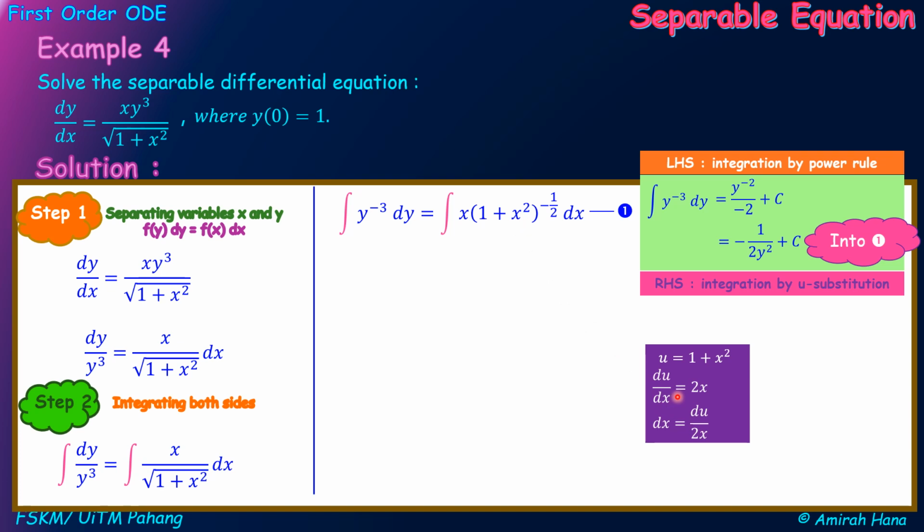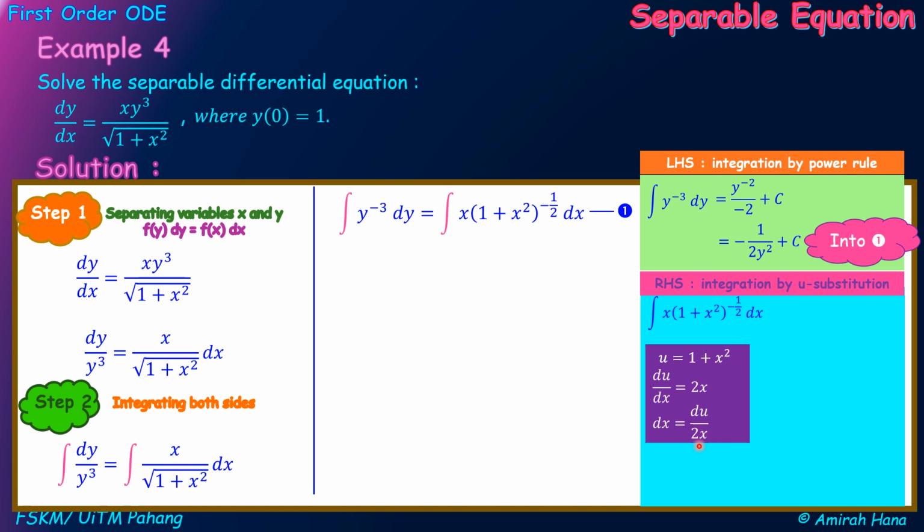And every time when we use u substitution, after we identify u, we need to differentiate. So after we differentiate, we get du over dx equals, differentiating 1 gives 0, no need to write, and then differentiating x squared gives positive 2x. Then we need to write dx as the subject. So we just cross multiply here, so we get dx equals du over 2x.